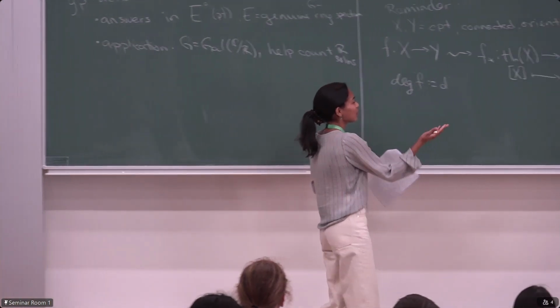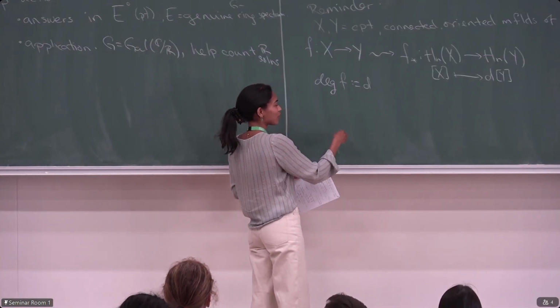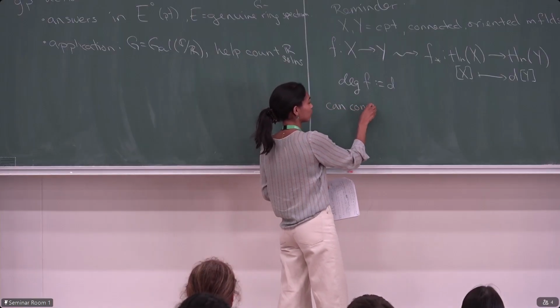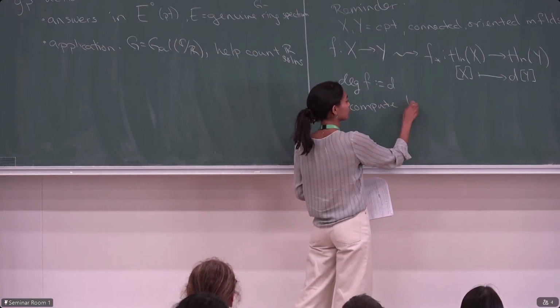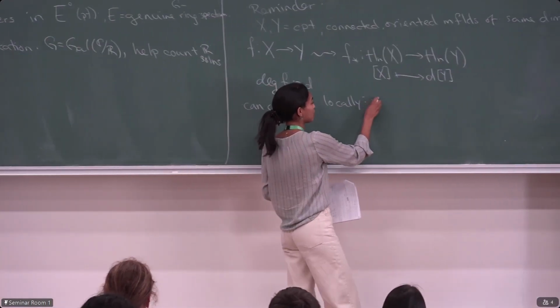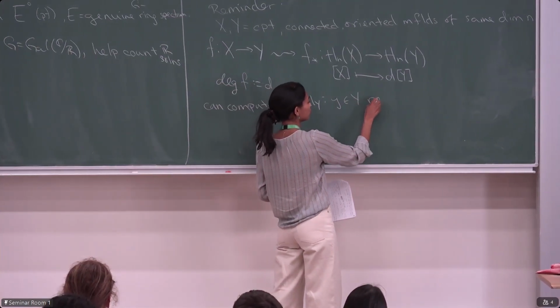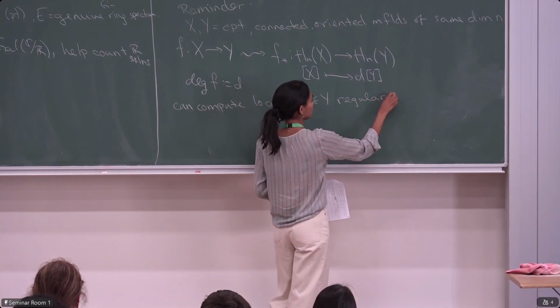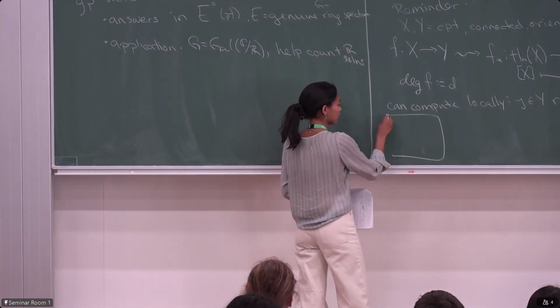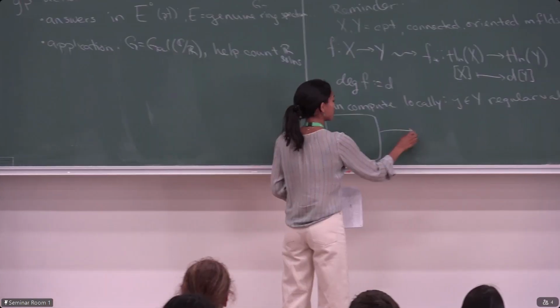So remember that one of the triumphs of degree theory is that you can compute the degree locally. Might need f to be differentiable, but let's take a regular value. The set of points in the preimage is a finite set.